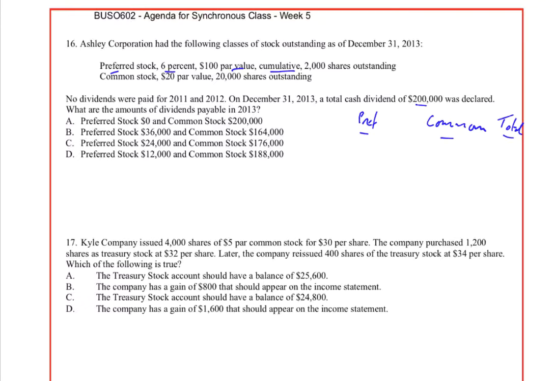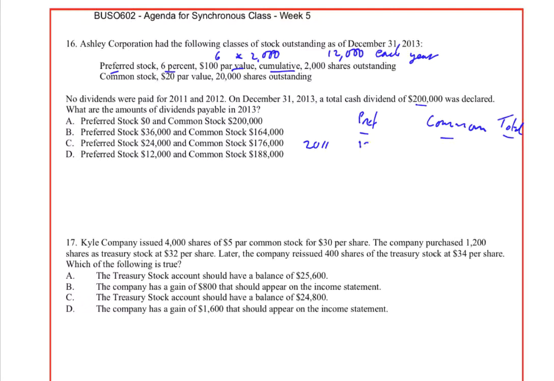So first of all, there's the backlog for 2011, and these preferred stock are 6% of the $100, so that's $6 per share, right? 6% of 100 multiplied by the 2,000 shares means the total dividend payable to the preferred shareholders each year is 12,000 before the common stockholders get anything. And because they're cumulative, this is going to mount up.